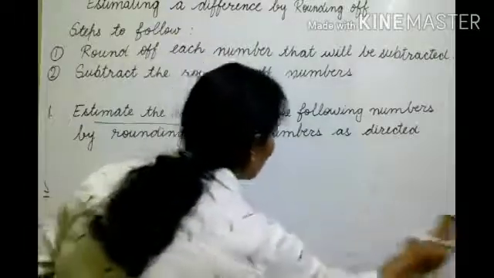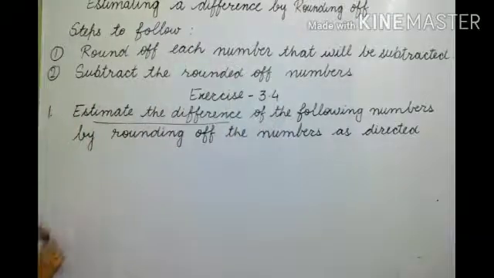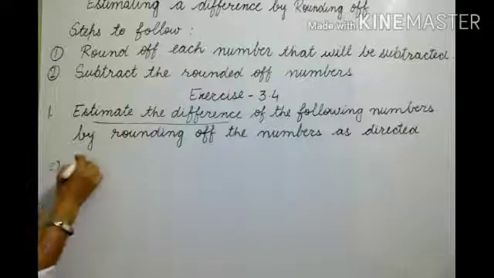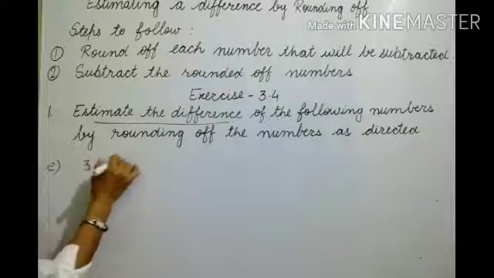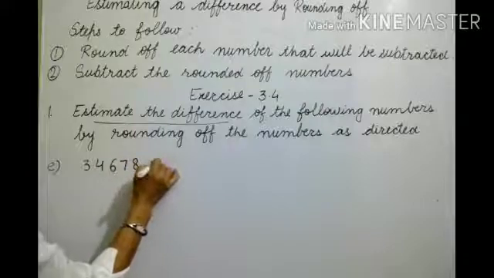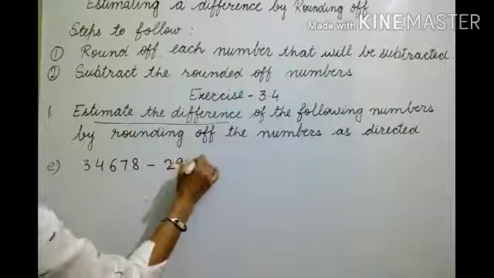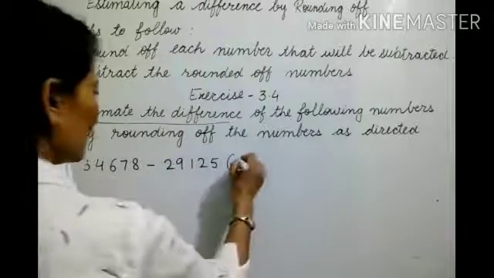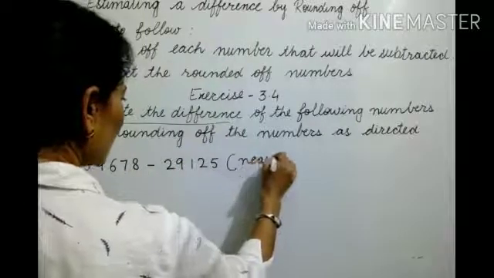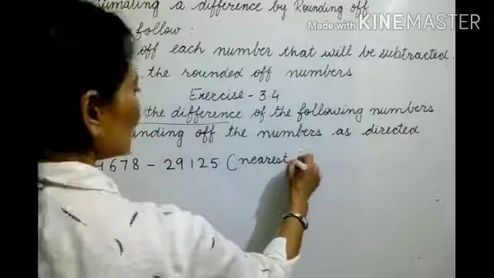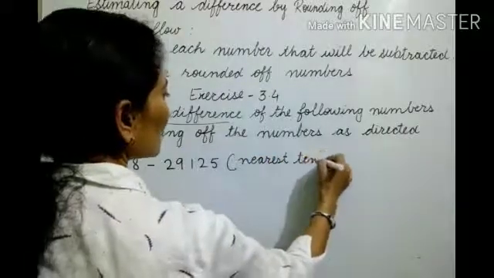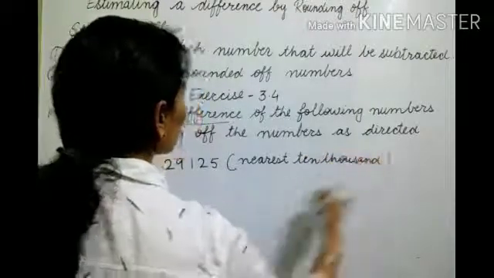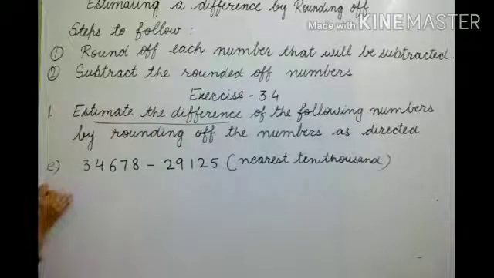The question is the same for us and we follow both the steps. E part: 34,678 minus 29,125. We have to round off each number to the nearest 10,000. Let us solve.